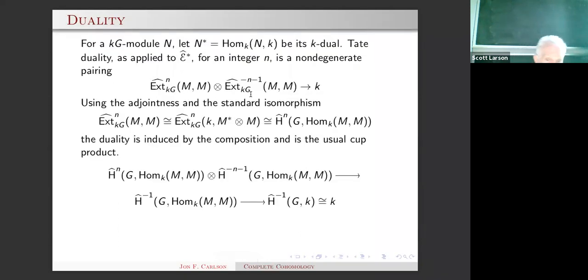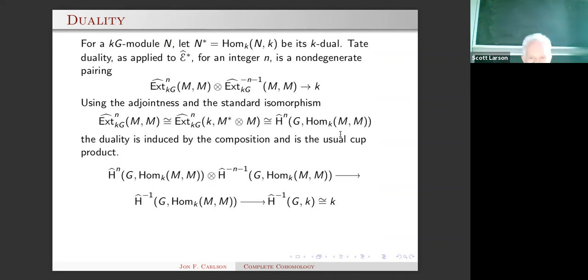And here's how you define it. So first of all, we should note that if I take X(M,M), that's the same as X of M star tensor M. M star is the k dual, and M star tensor M is Hom_k(M,M). Now Hom_k(M,M) is a ring, just as X(M,M) is. Well, the multiplication that you get on X(M,M) can be, in fact, given through this ring in some ways.